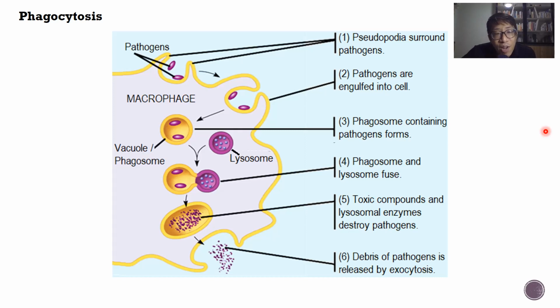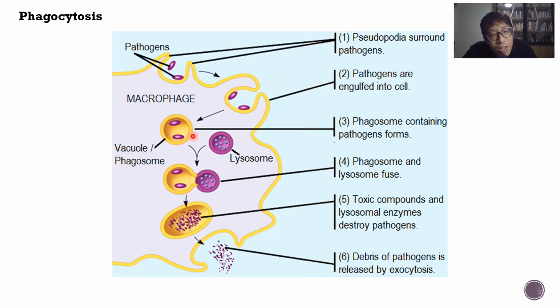Okay, so for phagocytosis, right, there will be the ingesting of the pathogens via the formation of pseudopodia. These are like extensions of the cell to surround the pathogens.